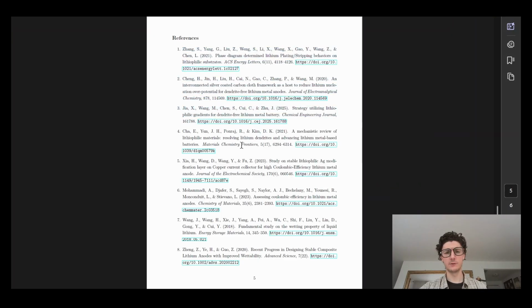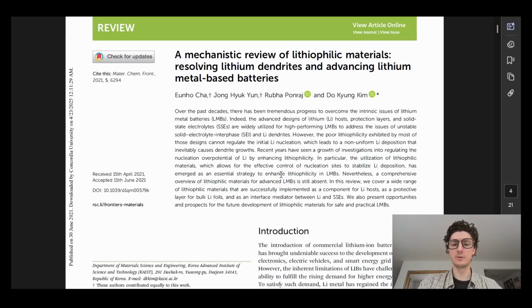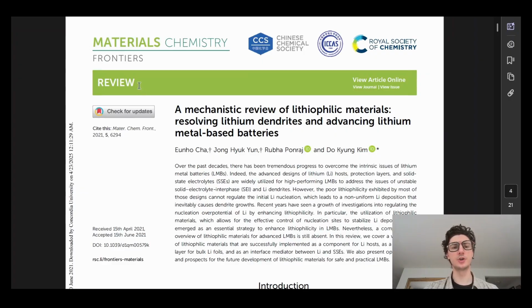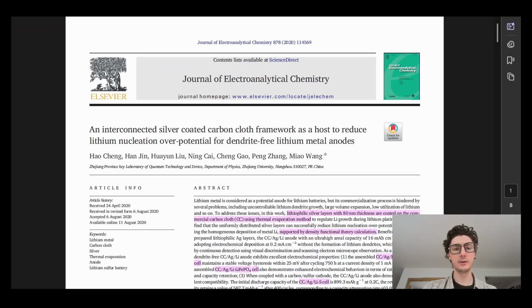Now we can go to article 4, which is a mechanistic review. Let's see if that's true. A mechanistic review of lithophilic materials, resolving lithium dendrites and advancing lithium metal batteries. So for this article, what I wanted to show you guys is that it is a review. In the other ones, it says article here.